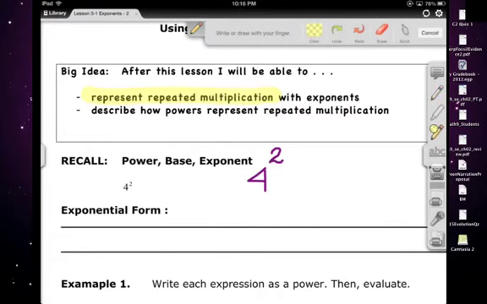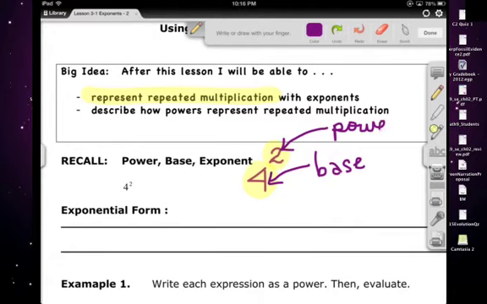This little doodad here is known as the base, and this right here is what we refer to as the power. So 4 written this way is in its exponential form.